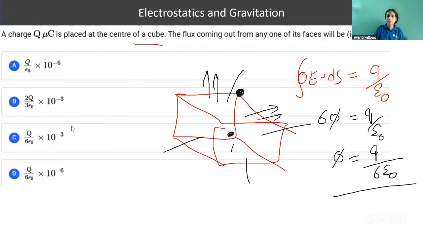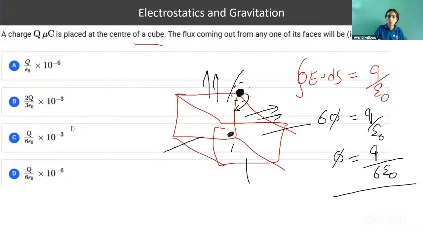So if it is at the corner, only 1/8 portion is inside it. So if you bring in 7 more cubes together, then this particular charge will be at the center of all those 8 cubes. Done?